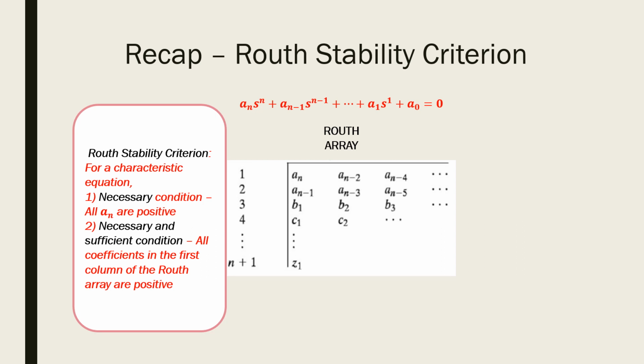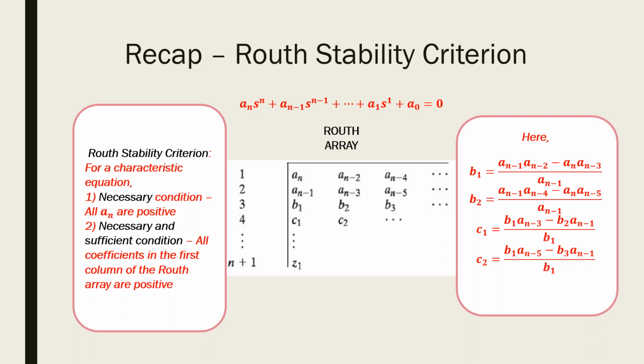The necessary and sufficient condition is that all the coefficients in the first column of this root array are also positive. This means that a_(n-1), b1, c1, and all the way until z1 must be positive. Note that the calculation of b1, b2, c1, c2, and so on is given on the right-hand side. As you will notice, they are simple cross multiplications of the coefficients of the characteristic equation.